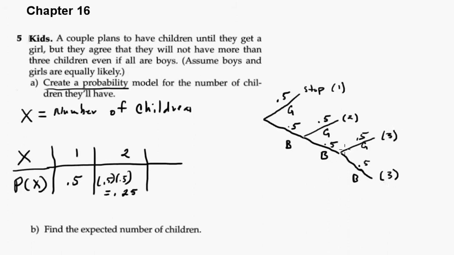So actually, for 3, it's going to be 0.5 times 0.5 times 0.5, because that's one way, or 0.5 times 0.5 times 0.5. So that's going to be 0.25. Okay, so there's the probability model for the number of kids.